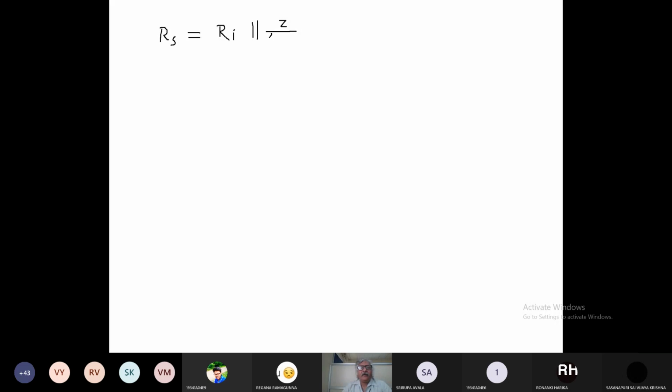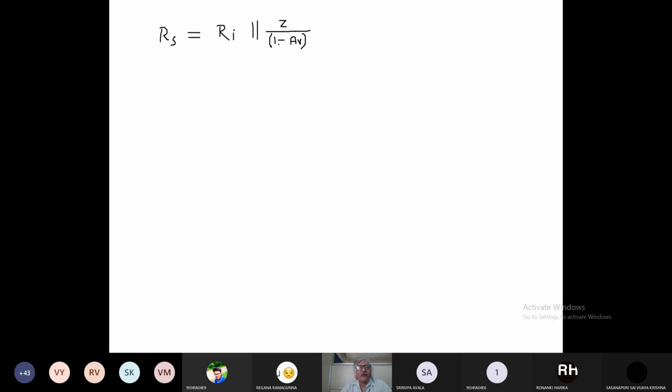See, what is the dimension of AV, the voltage gain? What is the unit of voltage gain? It has no unit. So this Z component will be of the unit of Z, because AV is a dimensionless quantity.